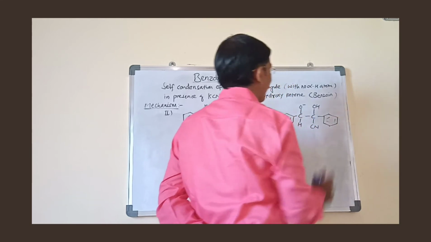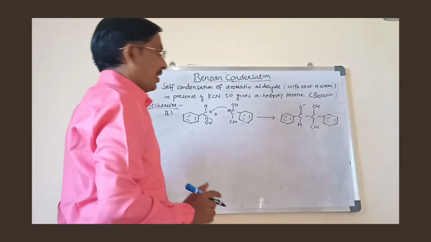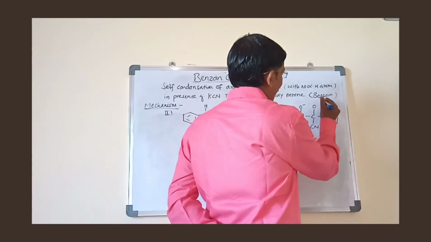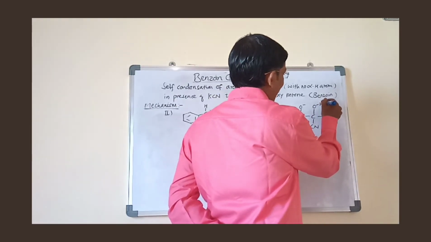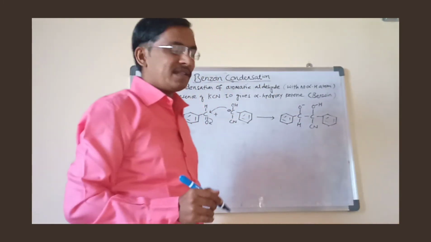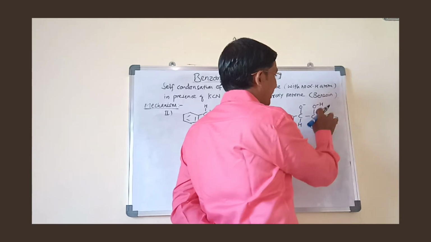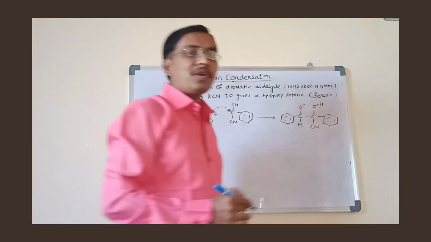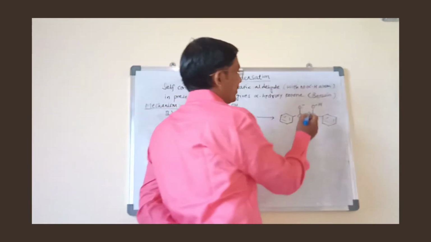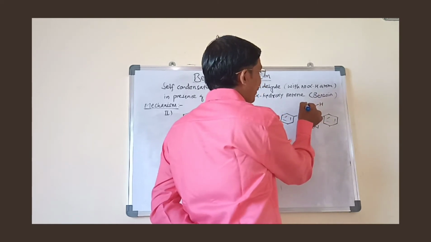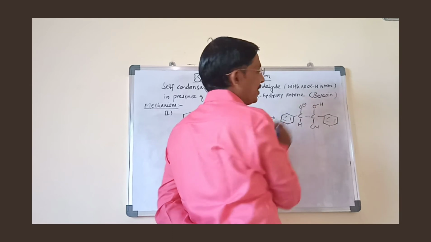Now in the next step, what happens? This OH bond becomes more acidic. One reason is that oxygen is already an electronegative atom. Further, that acidity is increased by the electron withdrawing group CN. Hence, that H plus will be dissociated and abstracted by this negative charge.